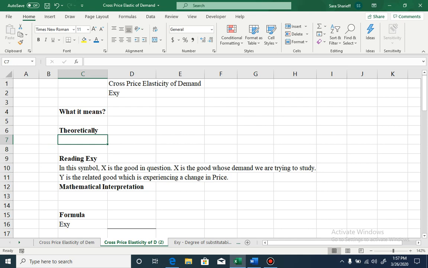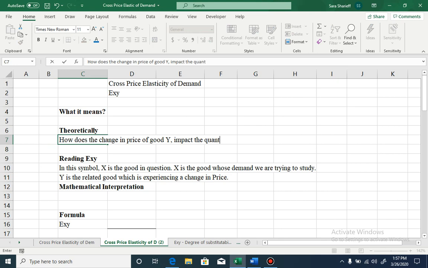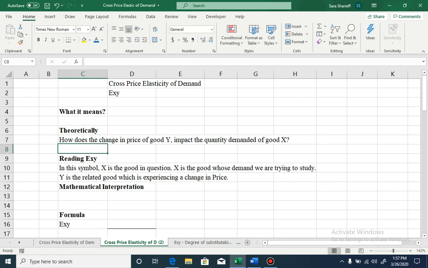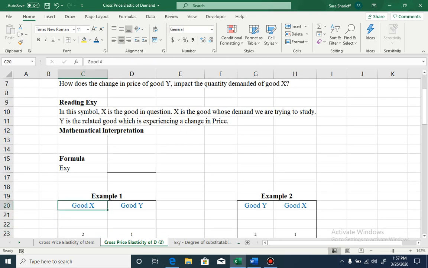And theoretically, what does cross price elasticity of demand mean? How does the change in price of good Y impact the quantity demanded of good X, right? What is the mathematical interpretation? Mathematically we say that if price of good Y increases by 1%, by how much percent does the quantity demanded of good X change?